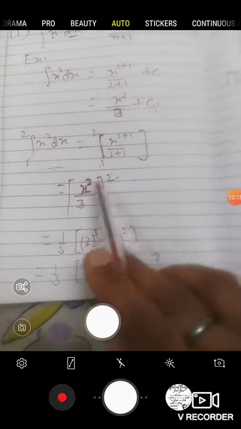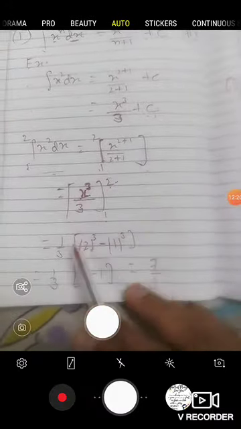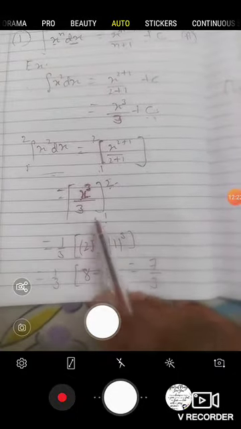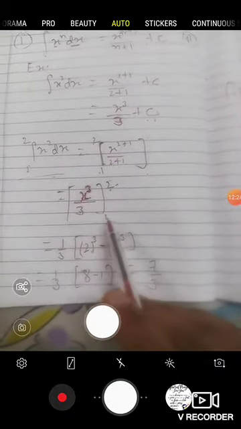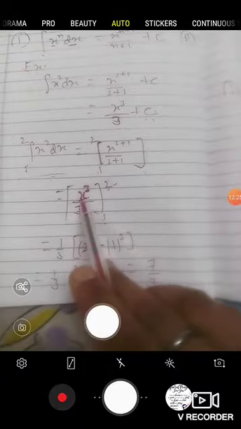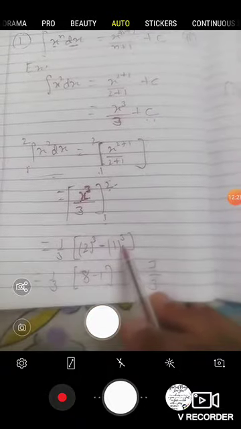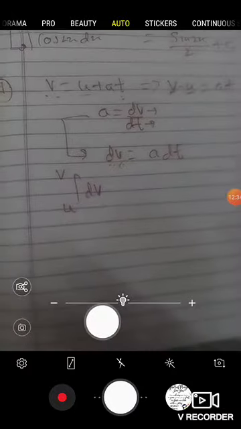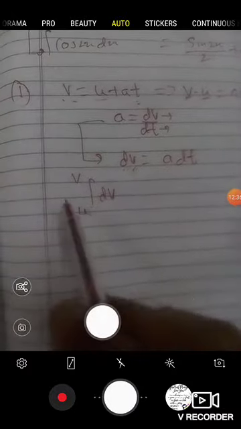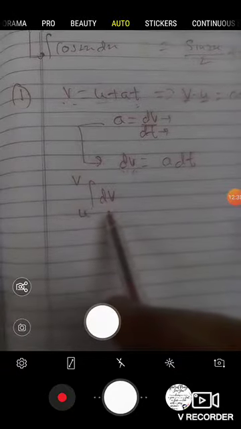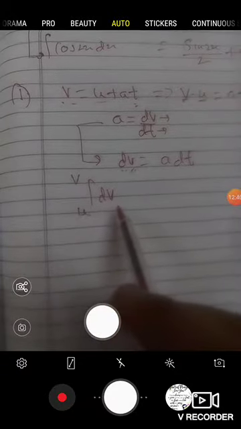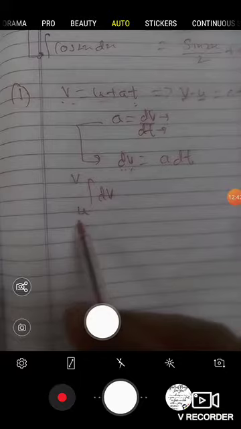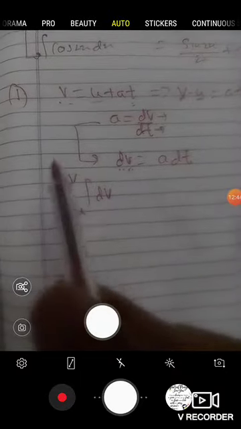First I put the upper limit 2, 2 cube was there because power was 3, then lower limit minus 1 cubed. Same technique I will use here. I want integration, so I will integrate dv, with lower limit u and upper limit v.